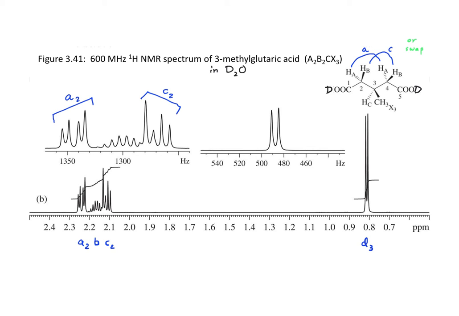However, we can assign B to the methine hydrogen attached to carbon 3. And then the methyl doublet, as expected, is D3. Because of overlap, we can't see the full coupling pattern for B, but we expect it to be a triplet of quartets.